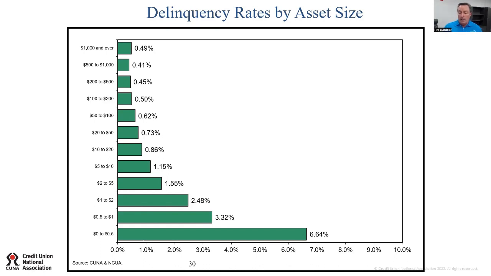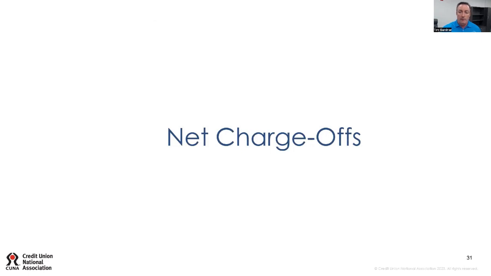And delinquencies are a precursor to charge-offs. And charge-offs is really where we're going to get into what has hit the bottom line. Because for us in the credit union movement, when we charge something off, for a lot of us, our allowance for loan loss, that's what sits on the balance sheet.